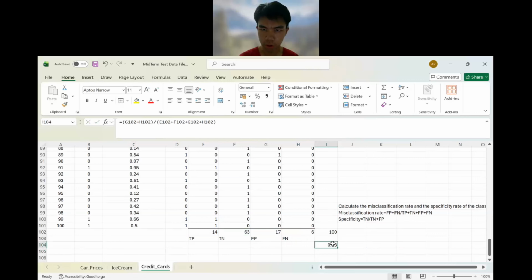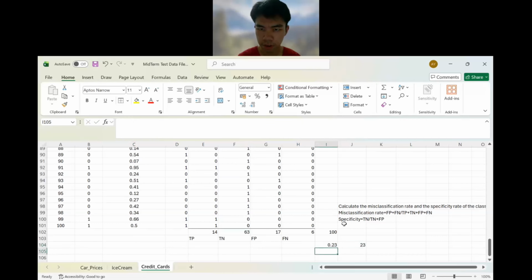So we get 0.23. If we convert, it's 23% for the misclassification rate.